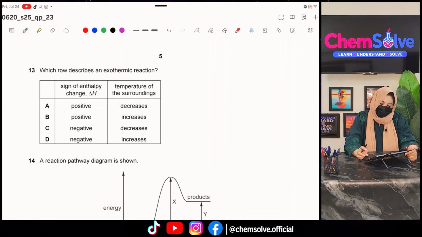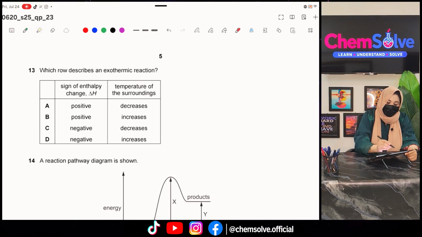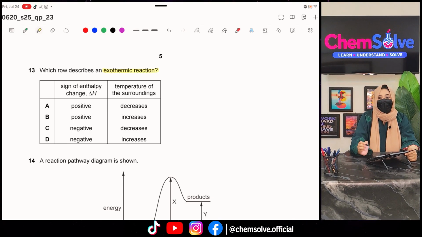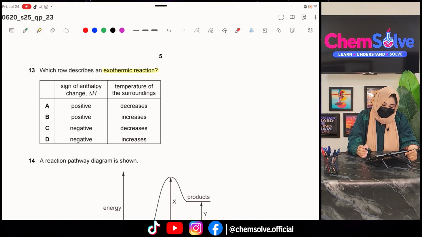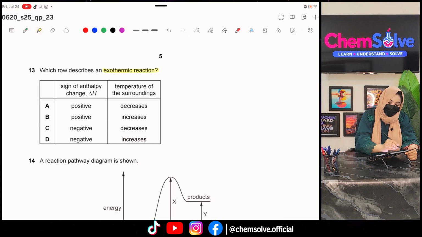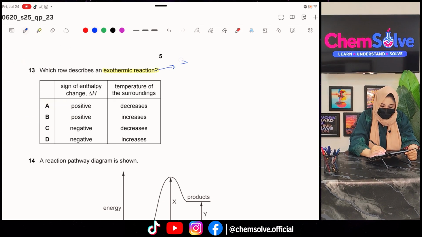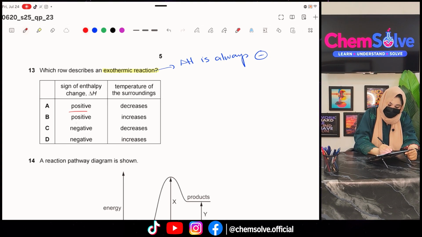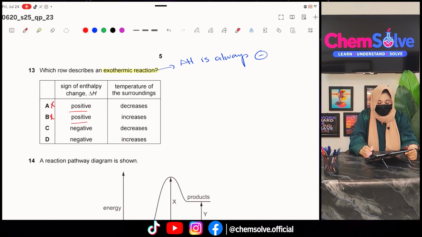Now move towards question number 13. Which row describes an exothermic reaction? Okay, sign of enthalpy change. We know that for an exothermic reaction, the sign of enthalpy change, delta H, is always negative. That's why the positive options are not our options.